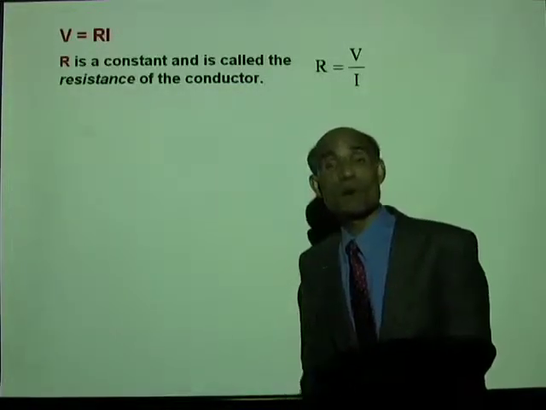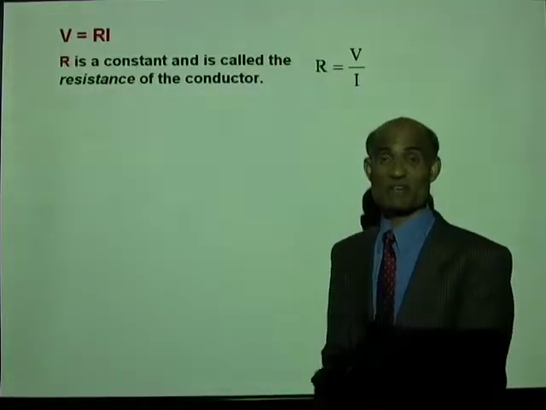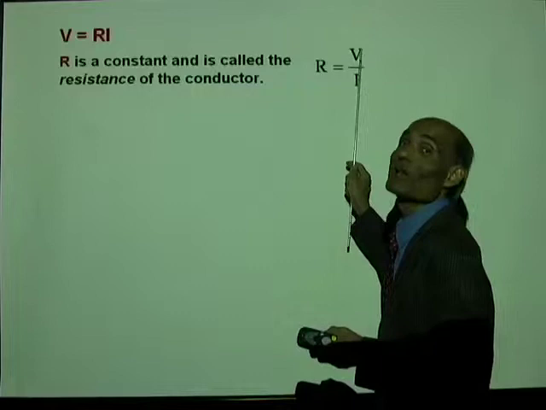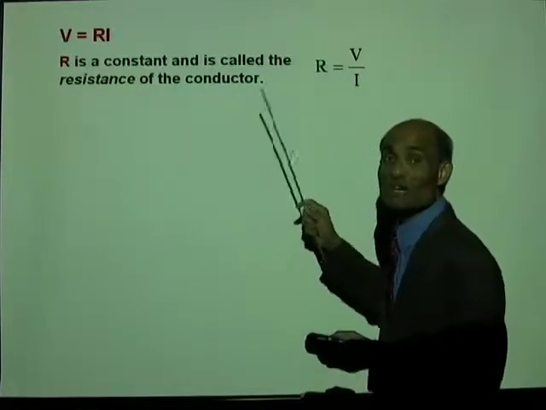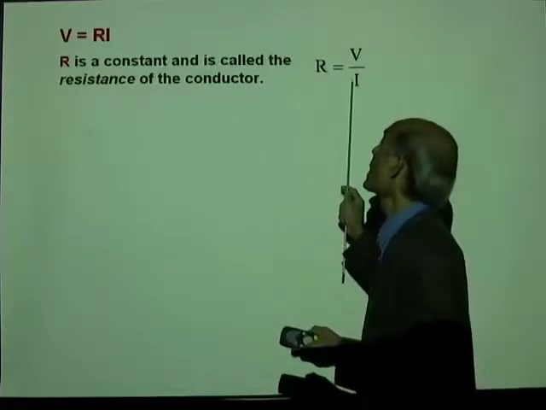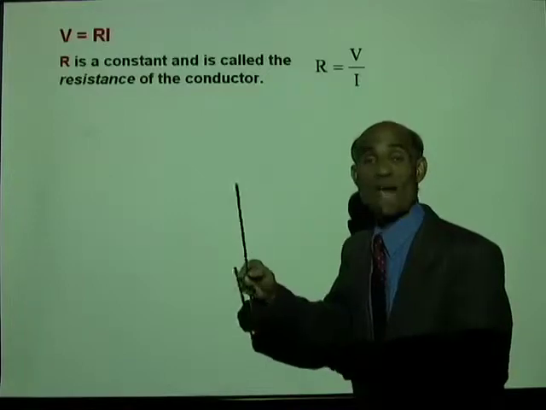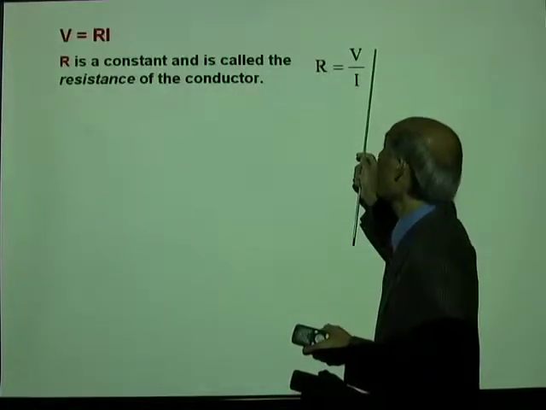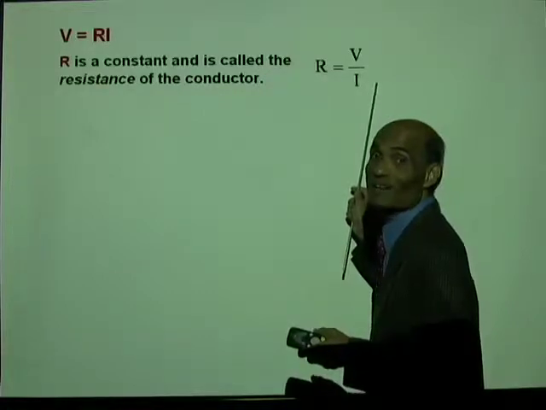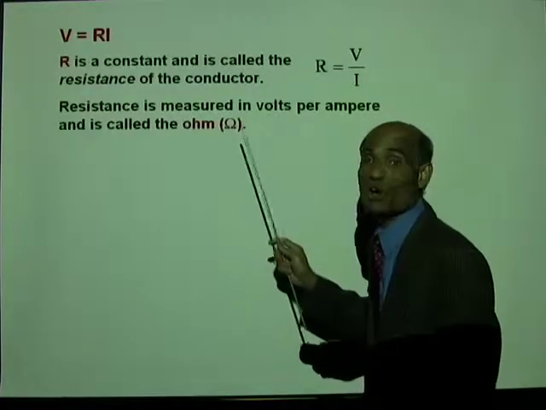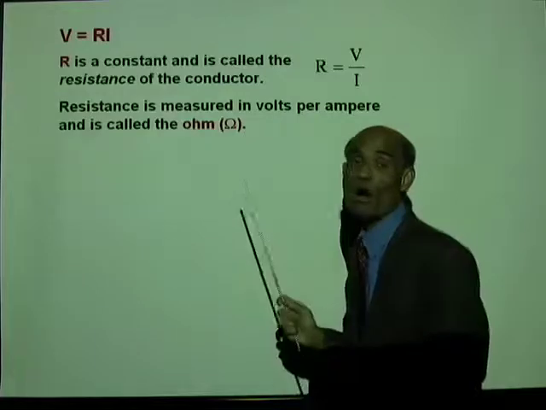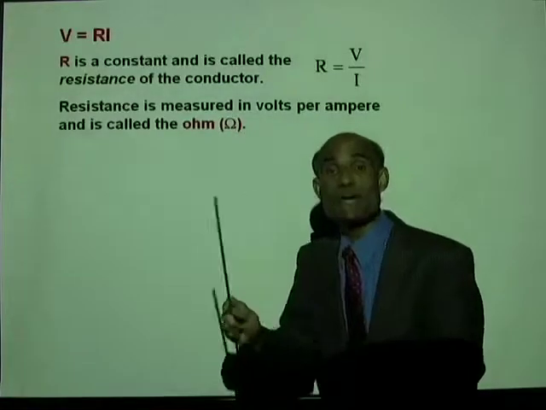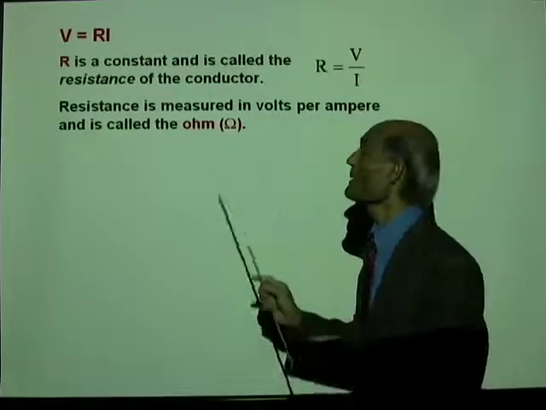What is the unit for measuring resistance of a conductor? Well, potential difference is measured in volt. Current I is measured in ampere. So resistance will be measured in volts per ampere, and it is called the ohm. And we will represent that by the uppercase Greek letter omega.